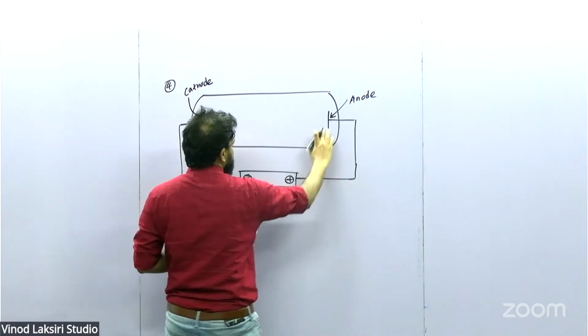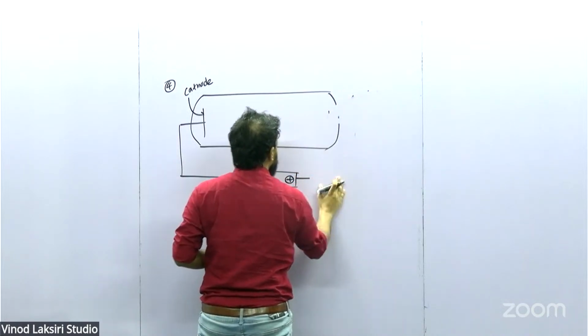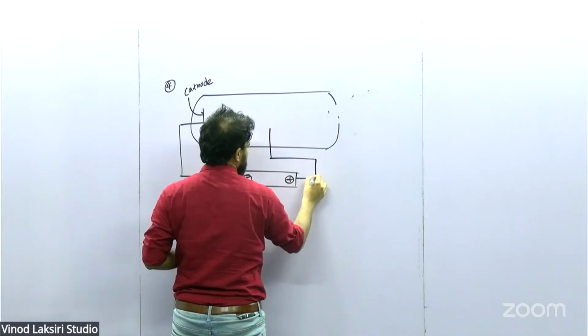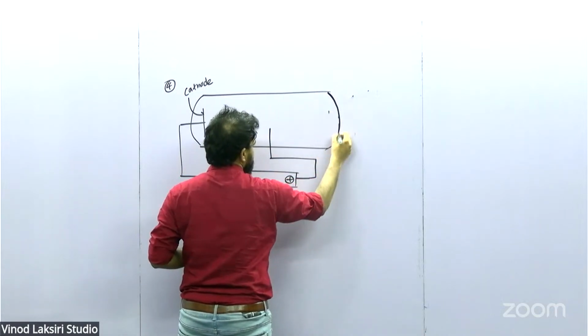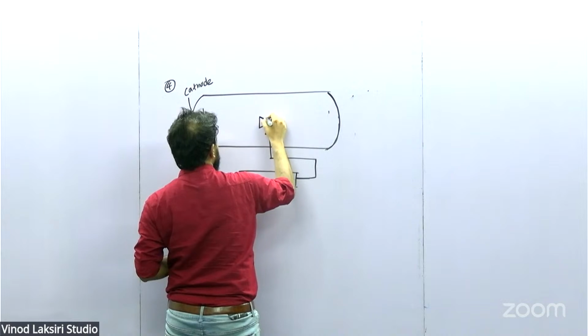Here, as the cathode, this kind of cathode is connected to this position. And as the anode, this kind of cross-shaped anode is used.